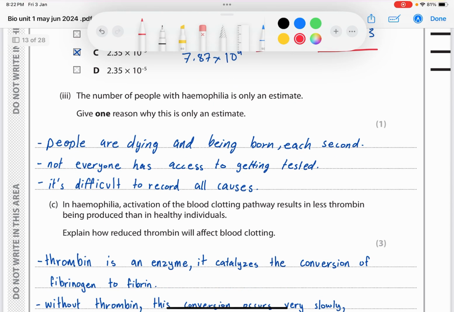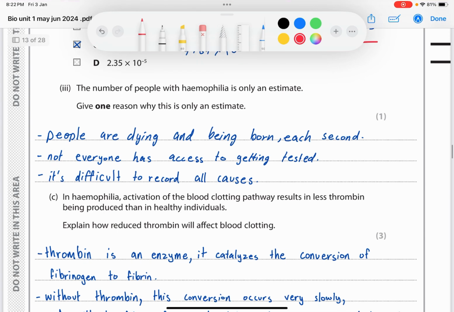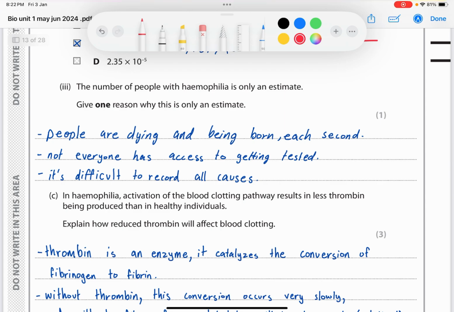The number of people with hemophilia is only an estimate. Give one reason why this is only an estimate. There are many reasons that you can write as an answer. I've written some. We can say that people are dying and being born within each second. Not everyone has access to getting tested for hemophilia A, or it is difficult to record all the cases.